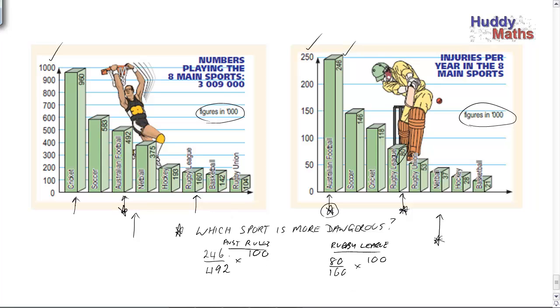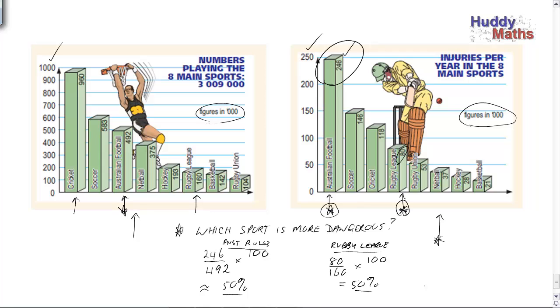Now, 246 out of 492 is approximately 250 out of 500, approximately 50%. And so this is exactly 50%. So there's not a lot of difference. Although Australian rules here looks as if far more dangerous, rugby league, less than half the height, is the same.